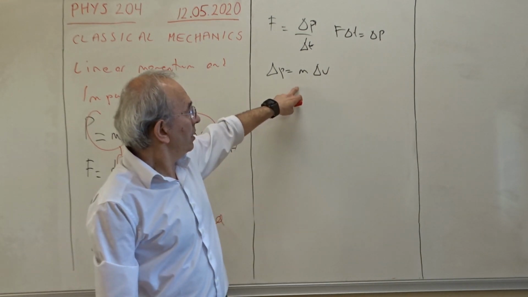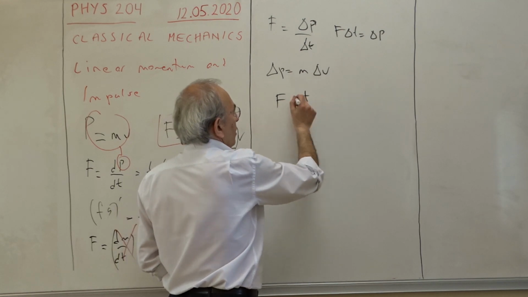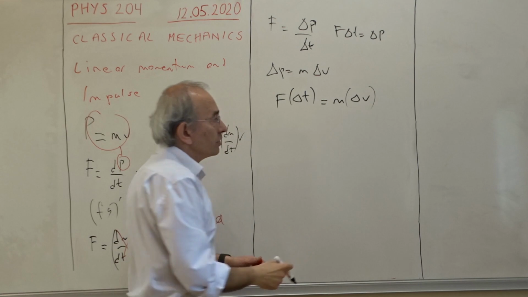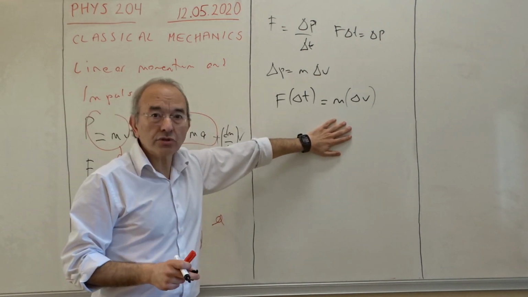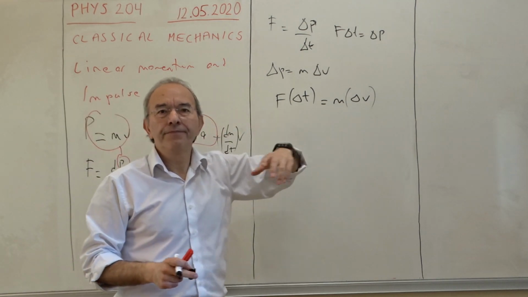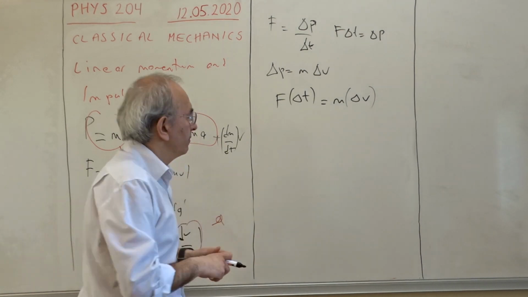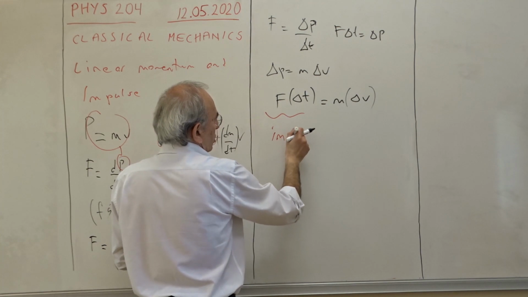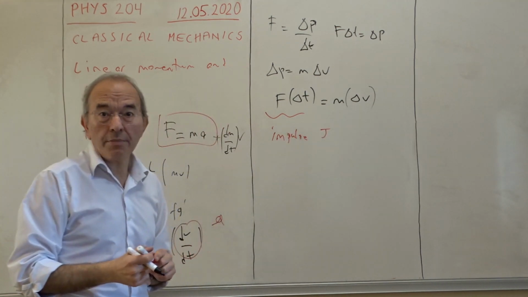So the new way of writing it is F delta t is equal to m delta v. So this is another form of writing it. But both sides, whether we have F delta t or m delta v, have a special name, which is called impulse. It is generally represented by capital J.